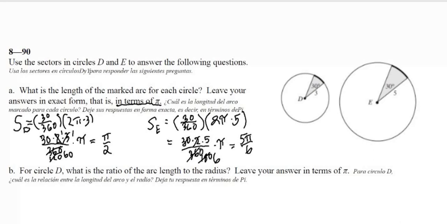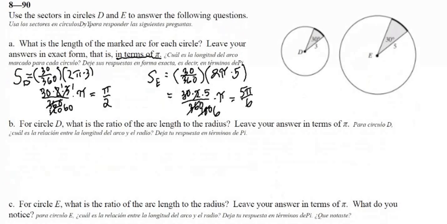Okay, part B asks, for circle D, what is the ratio of the arc length to the radius? So that's going to be pi over 2 divided by the radius, which is 3. So that's the same as saying pi over 2 times 1/3, which is pi over 6.